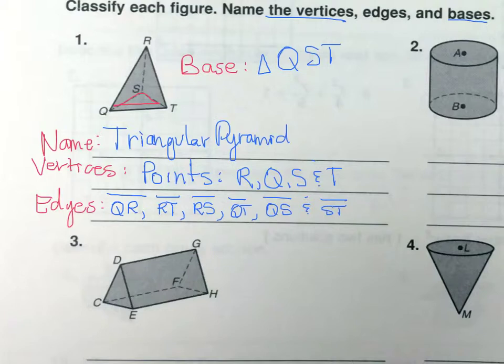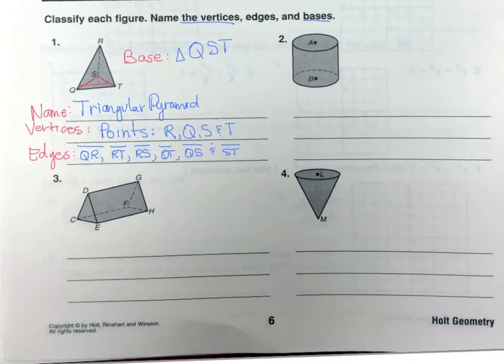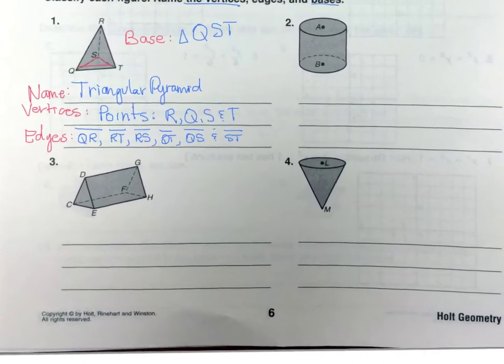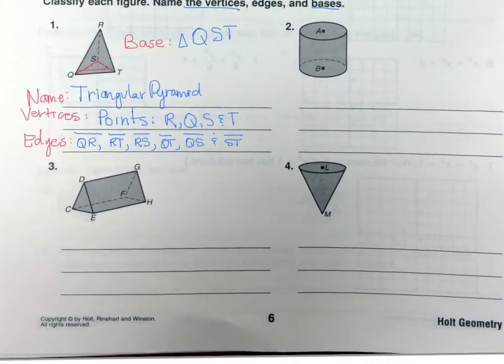Now, problem number 2. We have to name it again. It's a cylinder. What about the vertices?